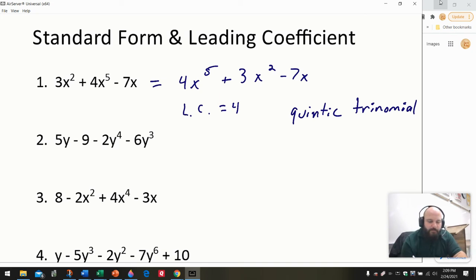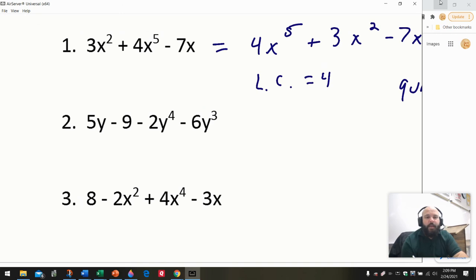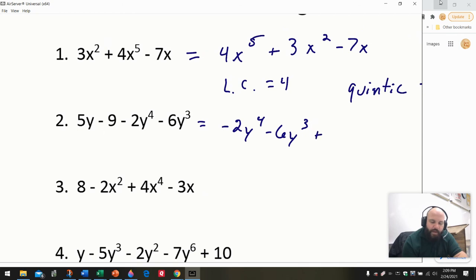Now we're going to try the next one. In this one, you can see there's 4 terms. And we're going to order from the highest power to the lowest. So the highest power we have is to the fourth. So it's going to be negative 2y to the fourth. Then we're going to have negative 6y to the third. Then we're going to have a positive 5y.